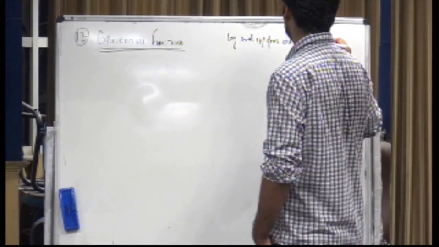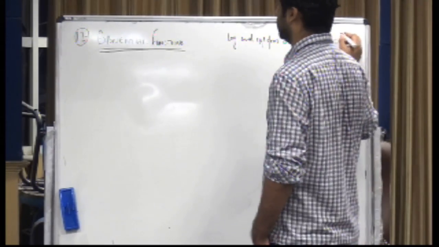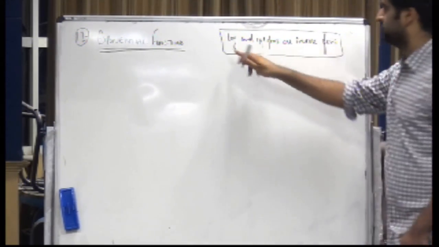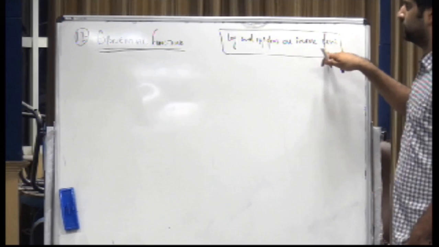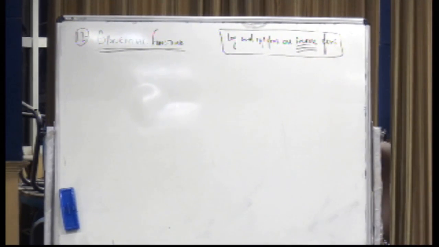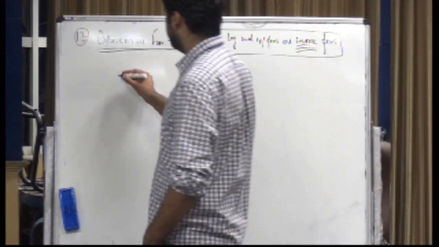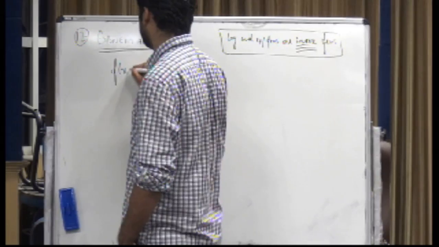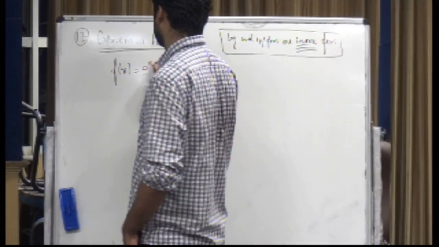Are inverse of each other. So log function and exponential function are inverse functions. We'll study this inverse function as well. Now the exponential function is given by f x is equal to e to the power x.